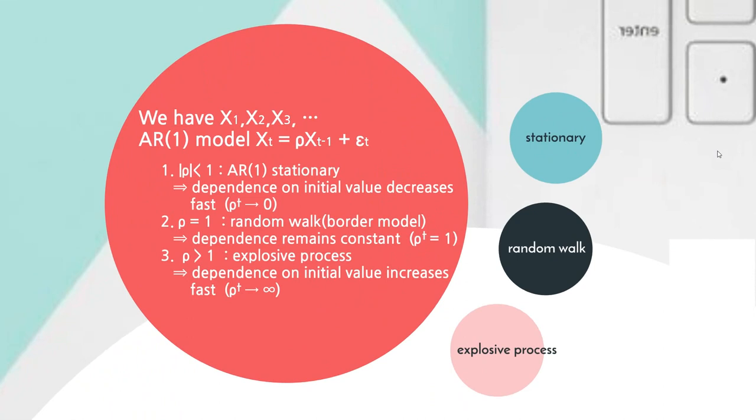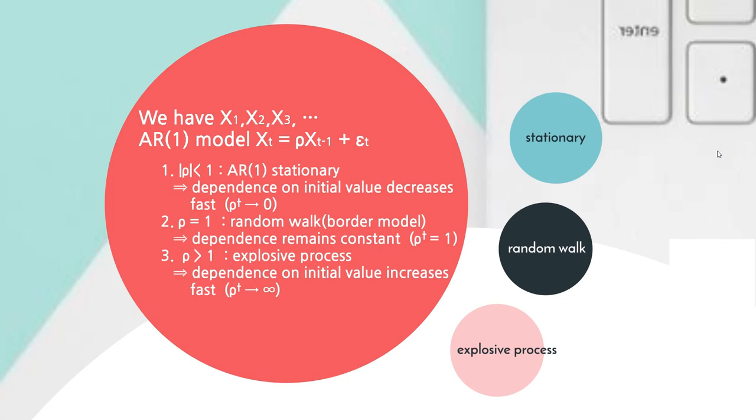For example, in a time series model AR1, stationary, random walk, and explosive process can be divided according to the rho value. We have x1, x2, x3. AR1 model: xt equals rho xt minus 1 plus epsilon t. 1.